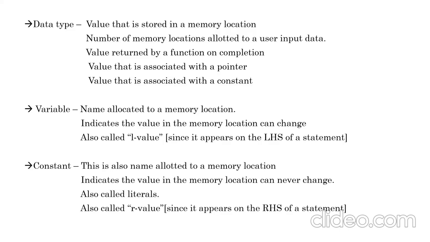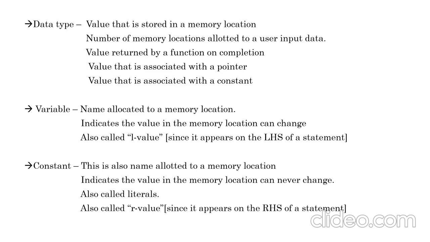So data type, if you see, has totally five different definitions. First one, it is a value that is stored in a memory location.